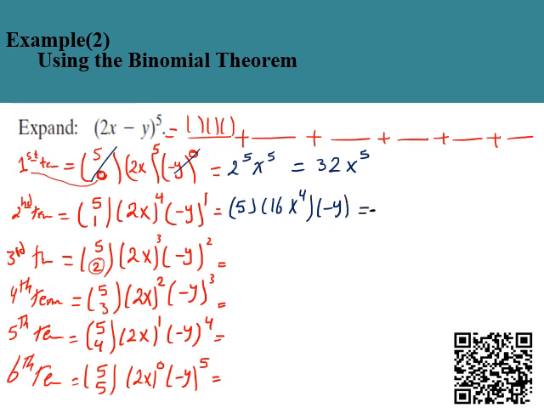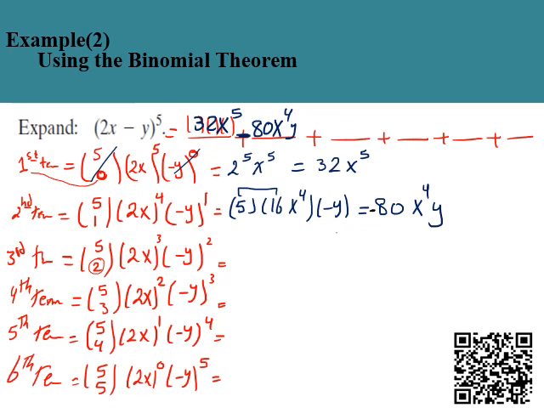So 16 multiplied by 5 is equal to 80x to the power of 4 y, and I put the negative at the beginning. So the first term here is 32x to the power of 5, and the second term is minus 80x to the power of 4 y.